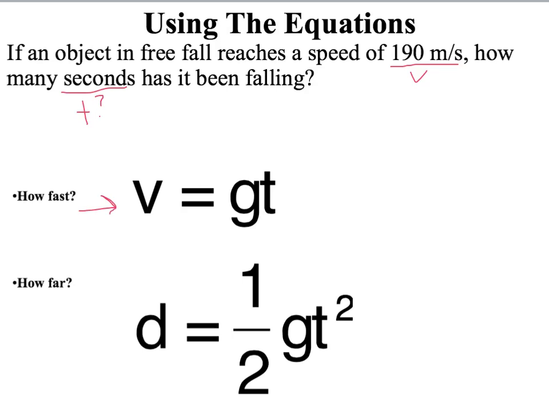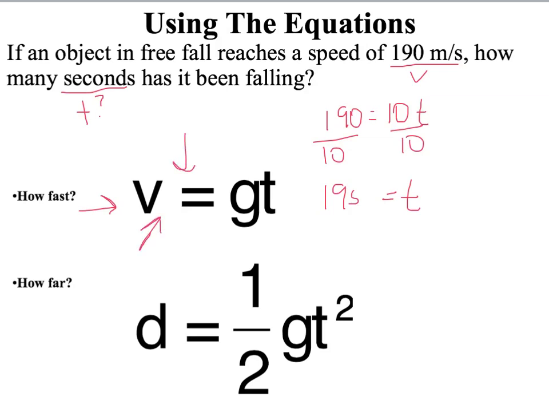So the equation we're going to want to use is this one, where v is given to us as 190. We know that little g is 10 meters per second squared, and we're trying to figure out what t is. We can divide both sides by 10, and that gives us t equals 19 seconds. Hopefully you'll see that using this equation is actually pretty easy.